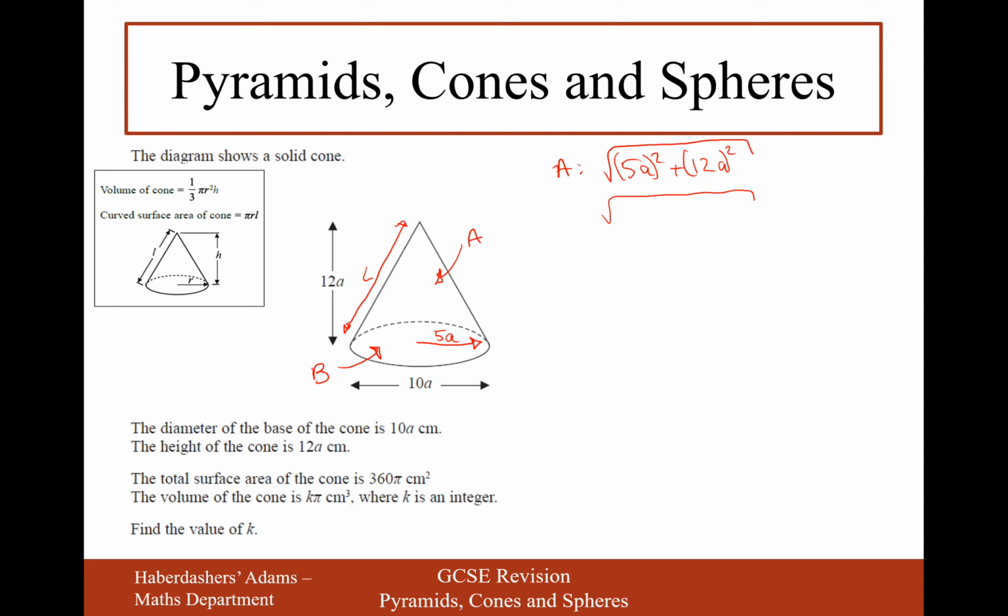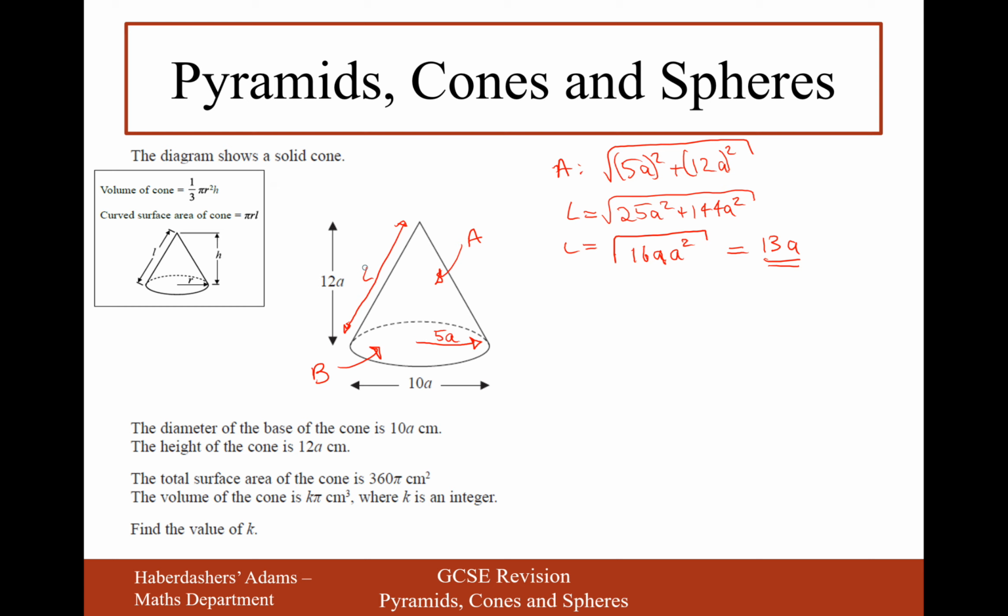So that's going to be 25a squared plus 144a squared, which is going to be square root of 169a squared, and that is 13a. So we now know the length on the diagonal there is 13a.